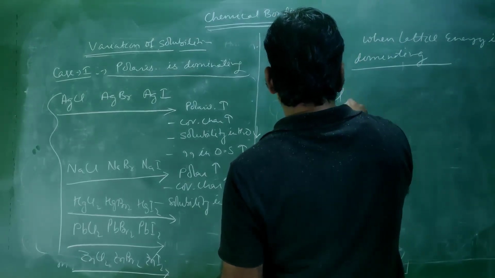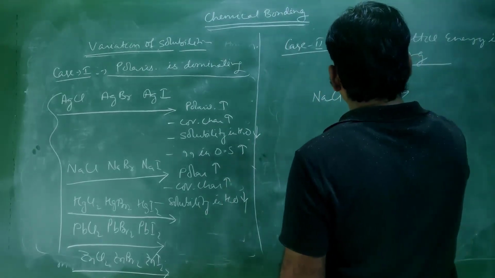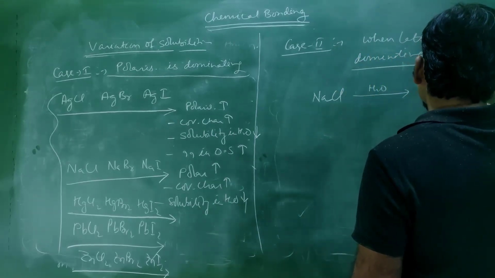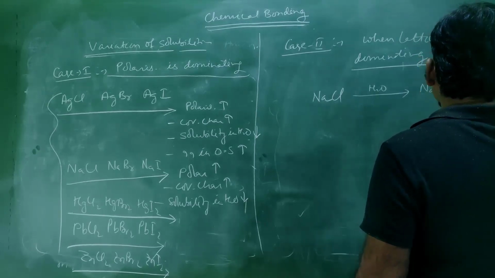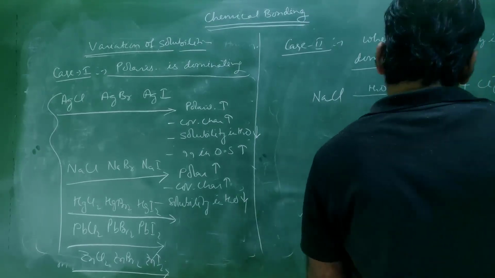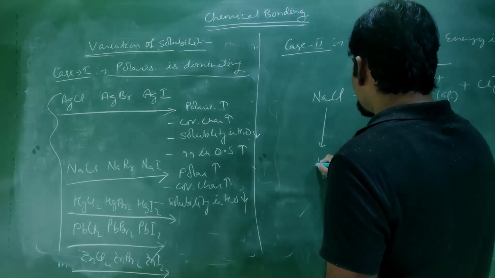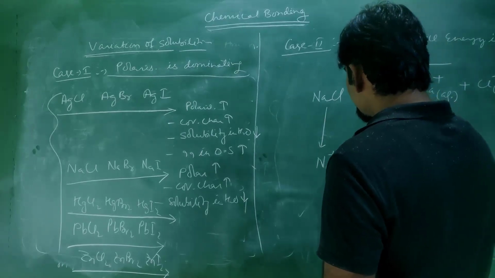Let's say we have NaCl. We have added it in water. This becomes Na+ Cl-, now aqueous. So how did it happen? NaCl is converted to Na+ Cl-.